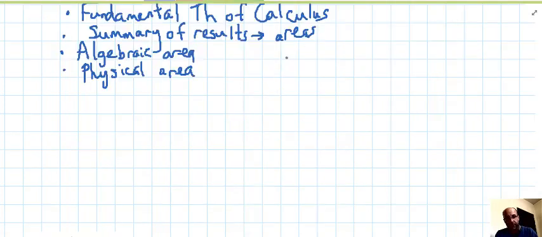So the fundamental theorem of calculus can be written as such.